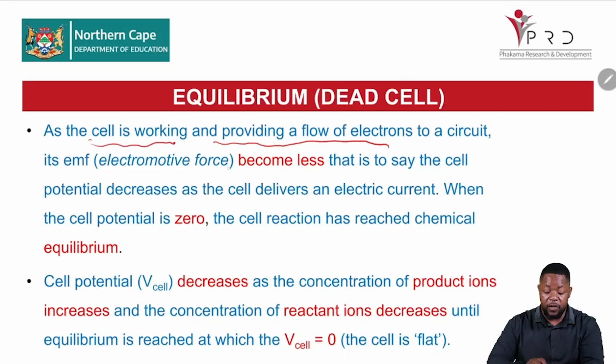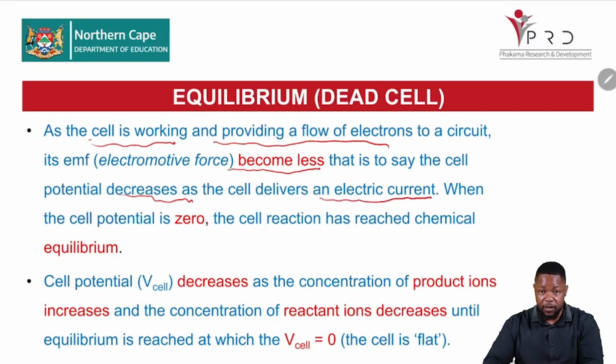Because of that change in concentration, the EMF becomes less, that is to say the cell potential decreases as the cell delivers an electric current. We know that because of the electrons that are lost in the anode and gained in the cathode.